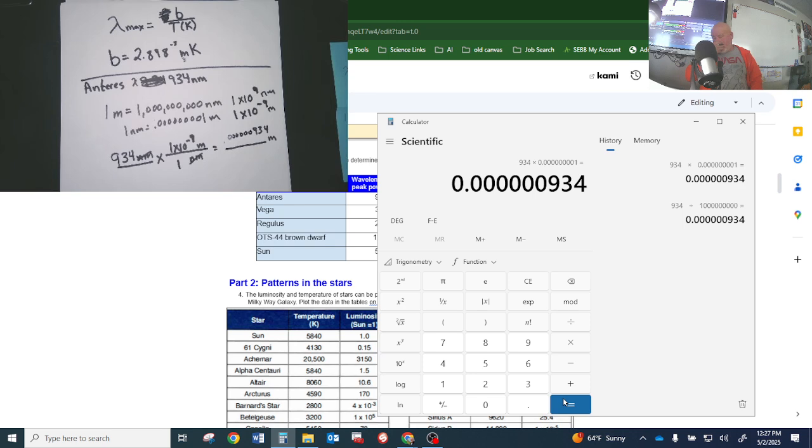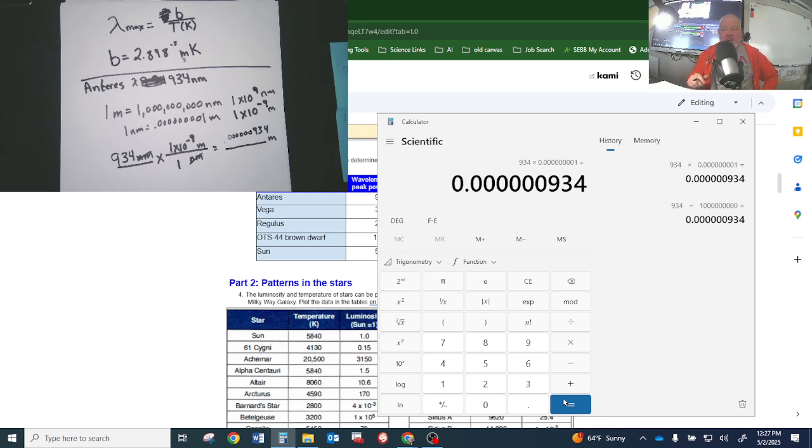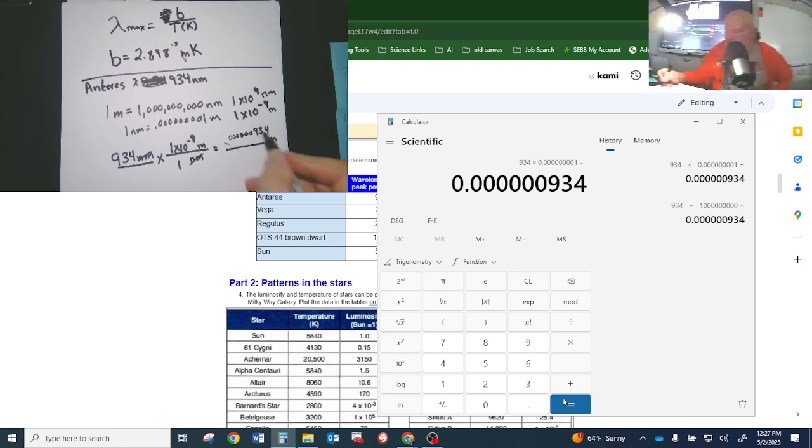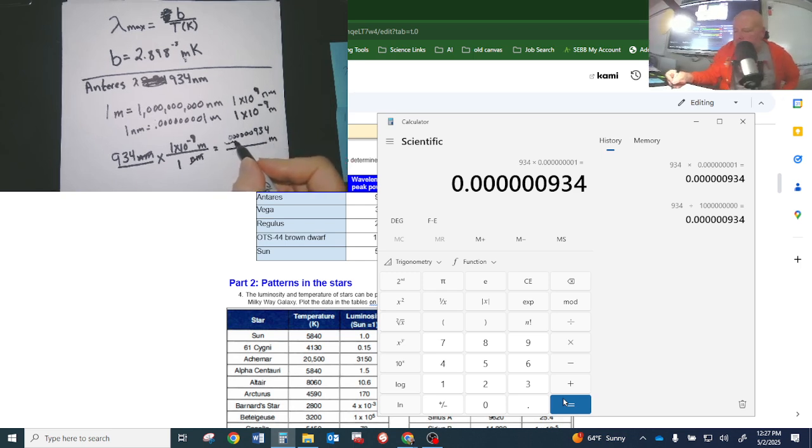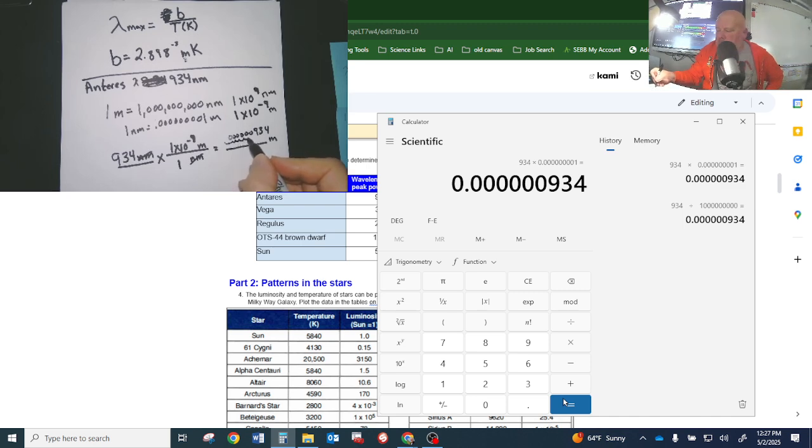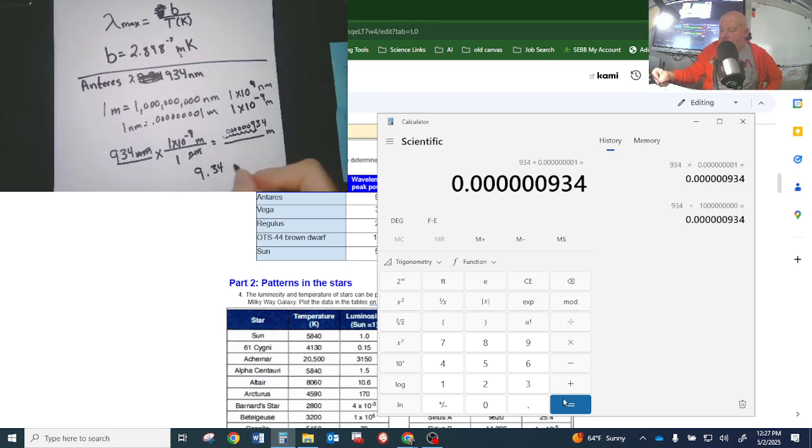0.000000934. Now, if you put that down on your paper as an answer, cool. I'm good with that. But if you want to keep this simplified so you don't have to write all these zeros, look and see: how many times do I have to move this decimal point to get it between the 9 and the 3? 1, 2, 3, 4, 5, 6, 7 times. So this would be 9.34.